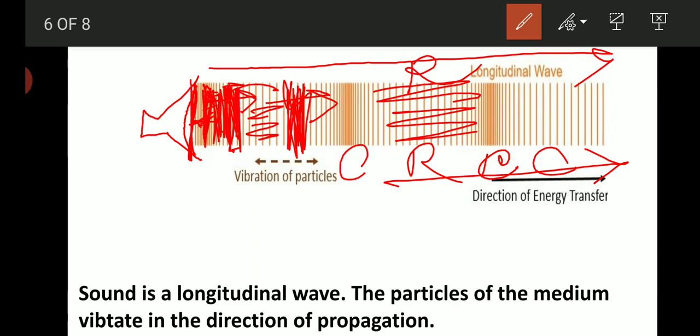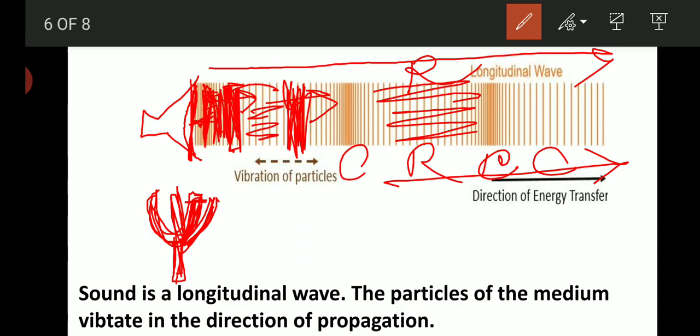Also, take a tuning fork; all of you have seen a tuning fork in the lab. A tuning fork is used for producing sound. When the two arms of the tuning fork are made to vibrate, the arms vibrate this way: one time they move outward, then they come back to their mean position, and again to their close position.